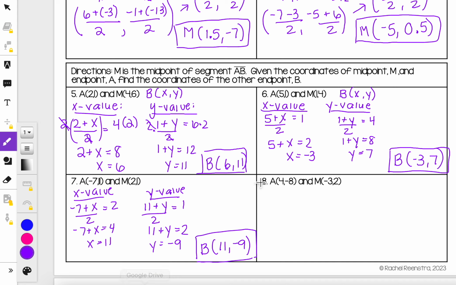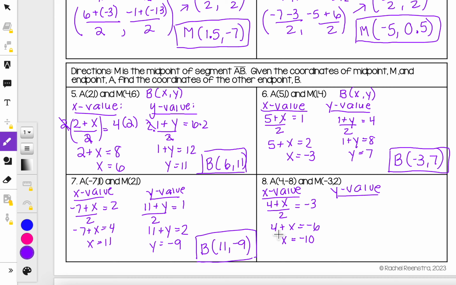And for our last one, again, looking for the x value first, and then our y value. So for my x value, I have 4 plus x divided by 2 equals -3. You do want to be careful with your negatives.